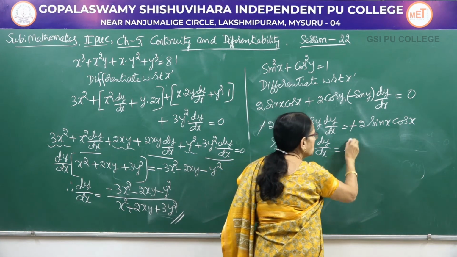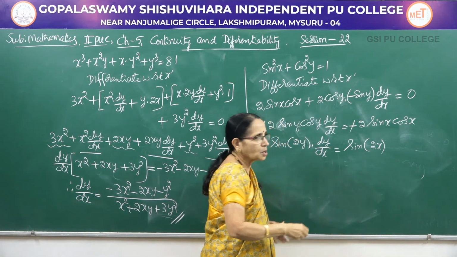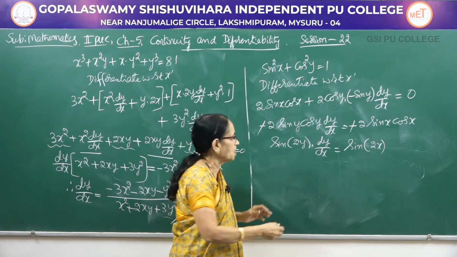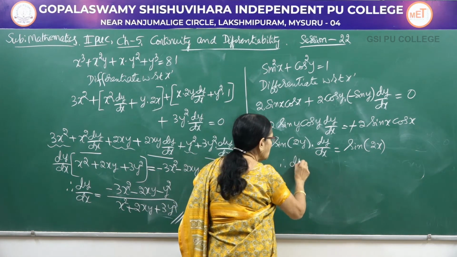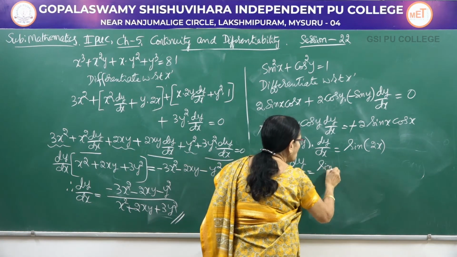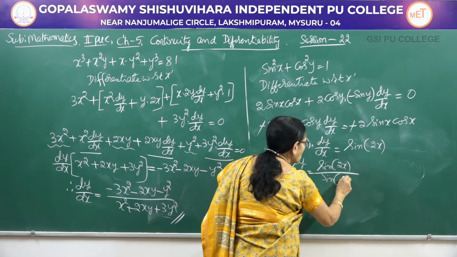Similarly, this is sin of 2x. Okay, so the same formula I am applying, whereas the variables are different. There x, here it is y. Therefore, we are having dy by dx to be sine of 2x divided by sine of 2y.